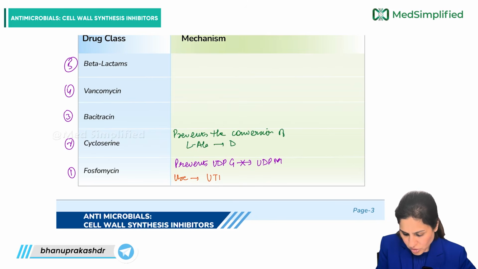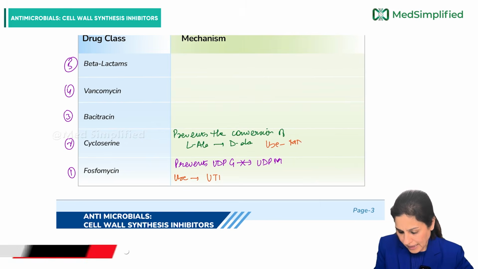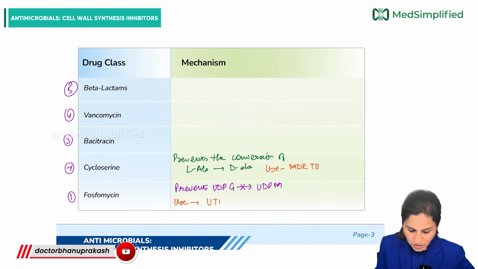That is the second step it blocks. The use of cycloserine is only in case of MDR tuberculosis. Coming to bacitracin. Bacitracin is a topical drug mainly.